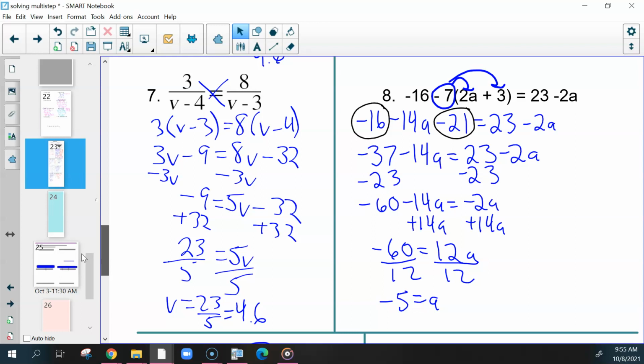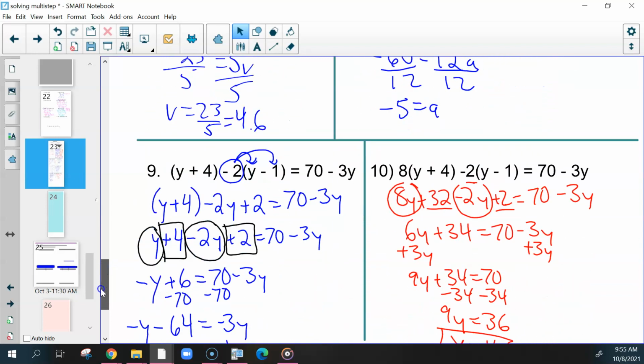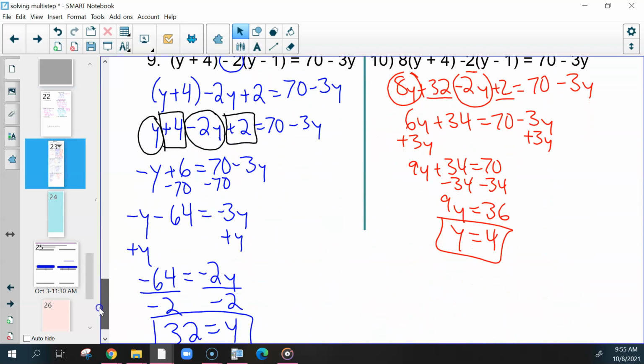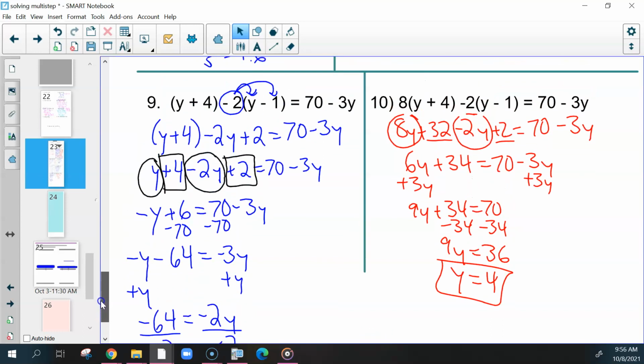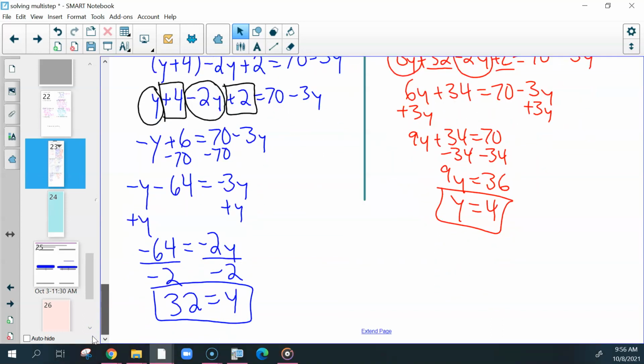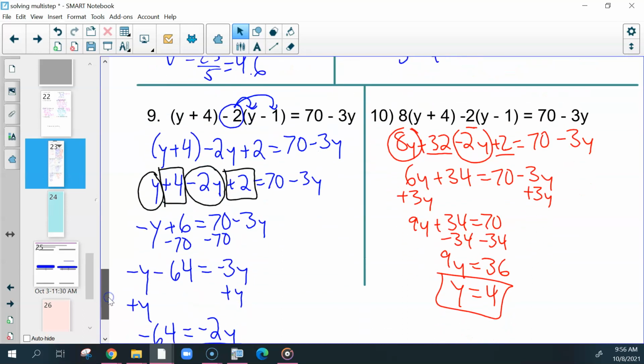No, we went over 5. No, for number 5, the one with the fraction, yeah, we did. Number 9 should be 4.